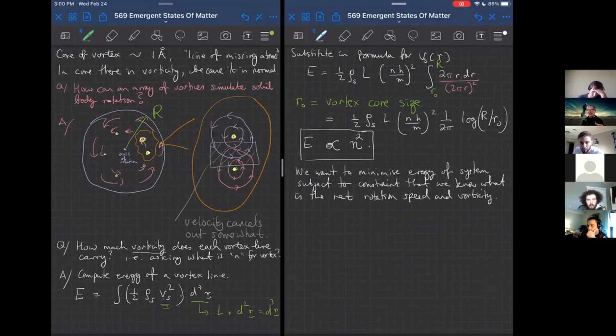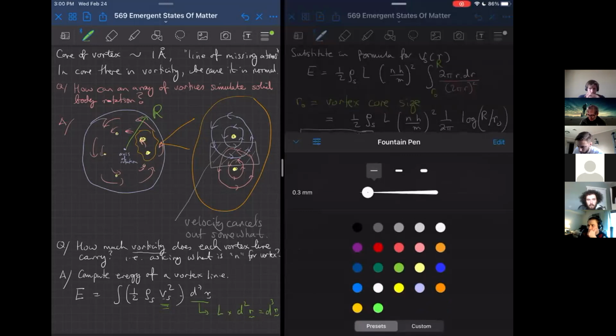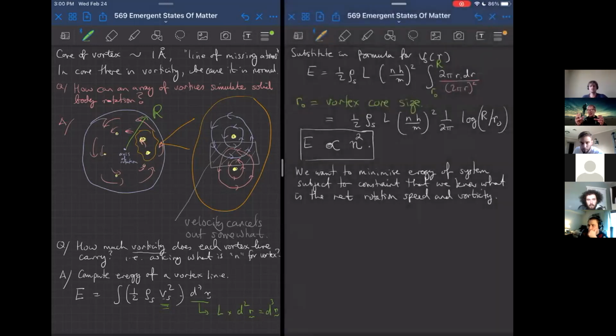So think about it like this. I know how fast the fluid has to rotate. And so the question I have to ask myself is, do I have one big vortex sitting in the middle making the whole fluid go around? Or do I have lots of small vortices which together simulate the solid body rotation?